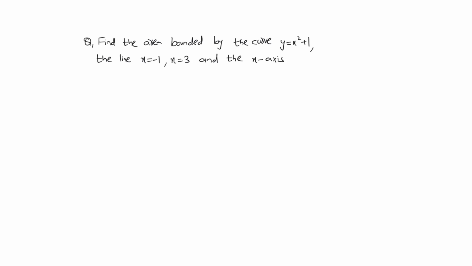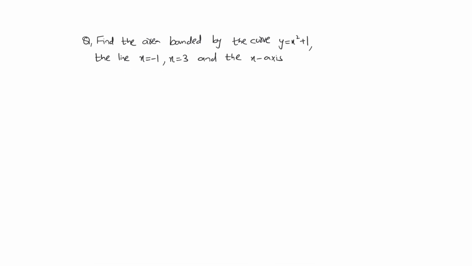So in this question you are being asked to find the area bounded by the curve y equals x square plus 1, the line x equals -1, the line x equals 3, and the x-axis. This is how a y equals x square curve would look like. x square plus 1. So this point is 1.